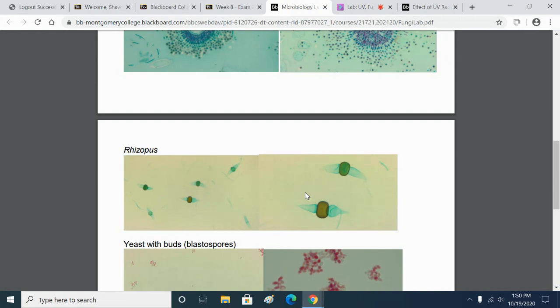Fertilized ovum. Right, a fertilized ovum or a fertilized egg, right? Because you all remember when a sperm fertilizes the egg, it becomes a zygote.